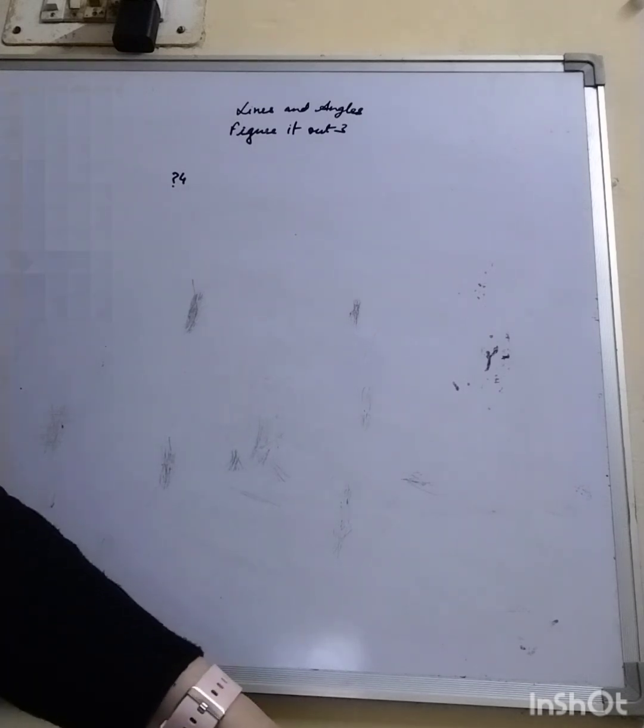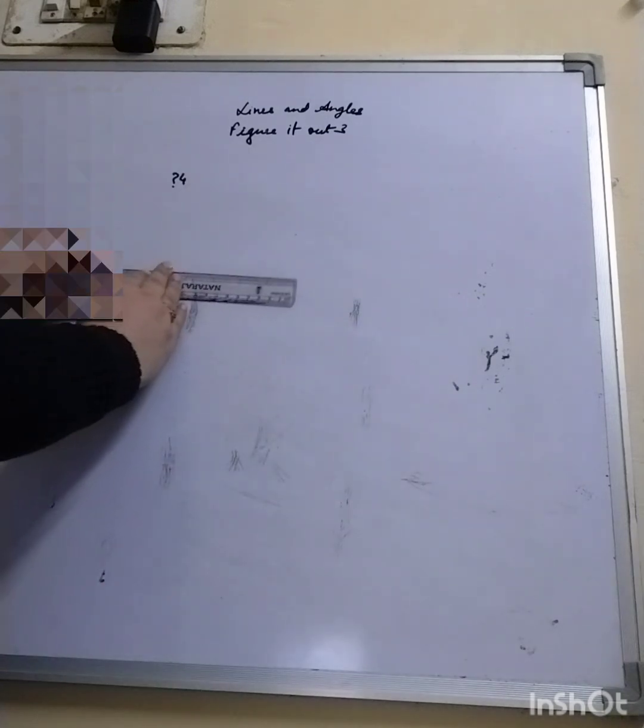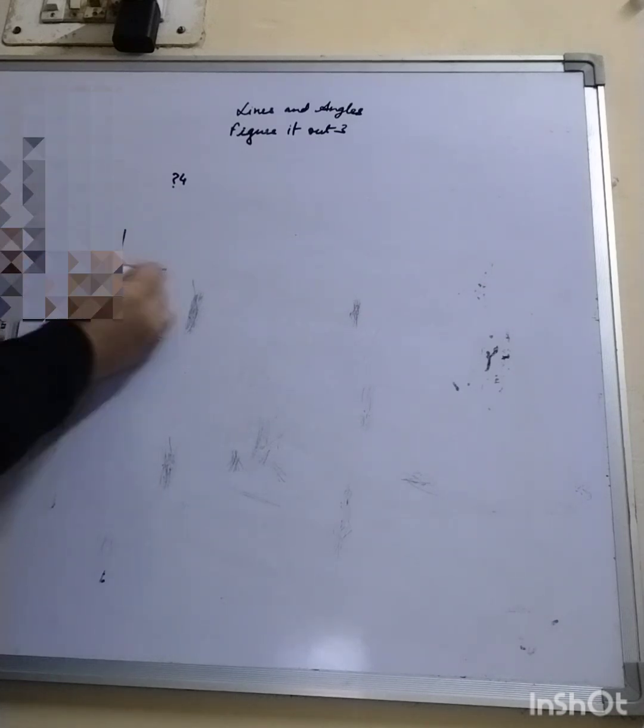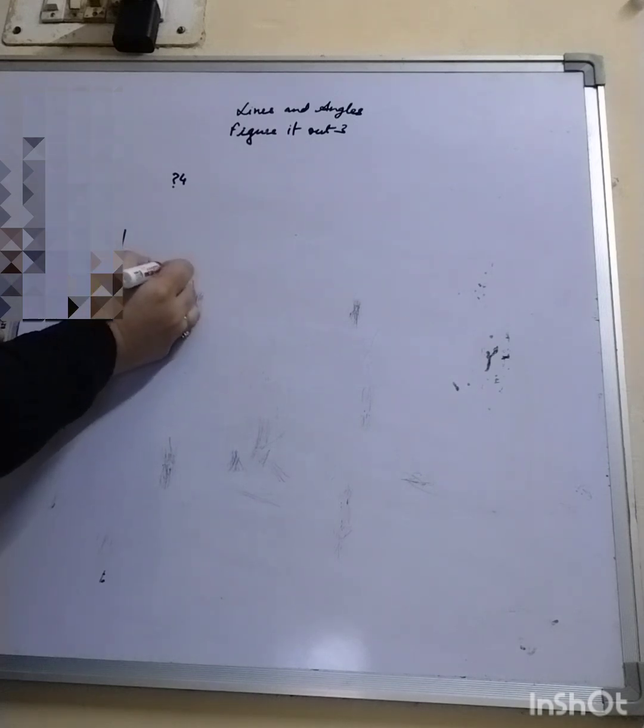What does question number 4 say? Get a slanting crease on the paper. Now try to get another crease that is perpendicular to the slanting crease. Now what is perpendicular to a crease? Perpendicular means when you have a right angle, and I name it, let's say, AOB.